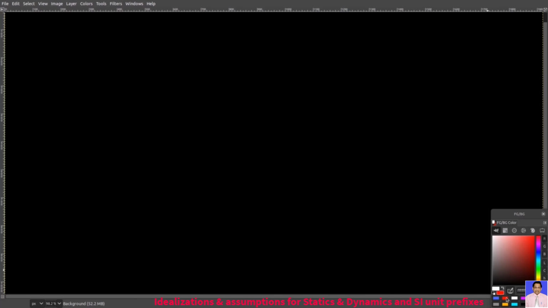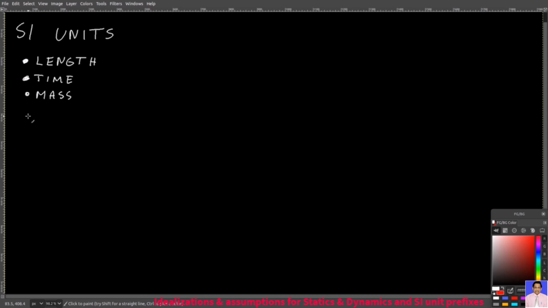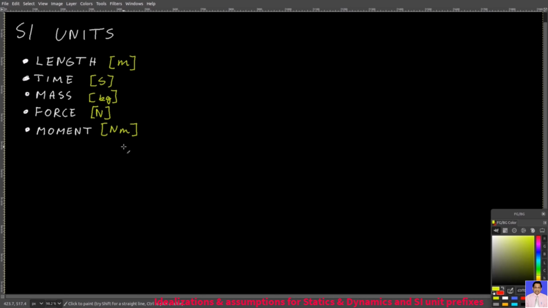So let's now practice some unit conversions. First of all, let's get familiar with the SI units a bit more. You are already familiar with the units of length, time, mass, force, and moment. They were meters, seconds, kilograms, Newton, and Newton meters.